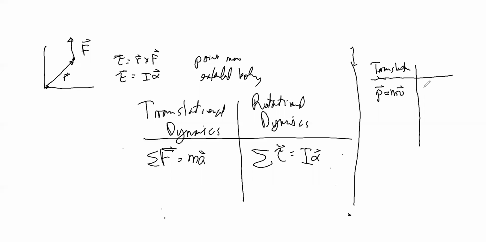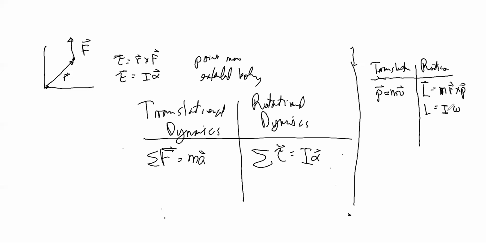And we define this quantity now for rotation, the angular momentum, L equals m r cross p for a point mass. For an extended body, the magnitude is L equals I omega, where I is the moment of inertia of that body about some axis of rotation.